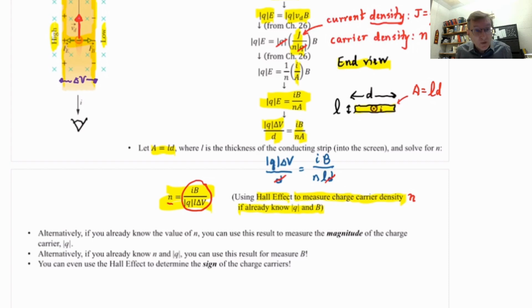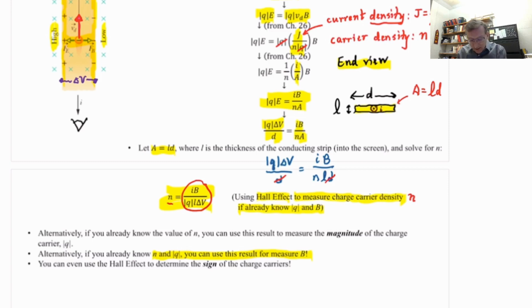Okay? All right. Now, let's suppose you've already done this measurement for copper in order to figure out the N, the carrier density. And now you want to do more experiments with copper and the Hall effect. Probably the most common thing you would use it to do, assuming you already know the N and the Q, is you can use that formula up there to measure B, the magnetic field that the copper is in.